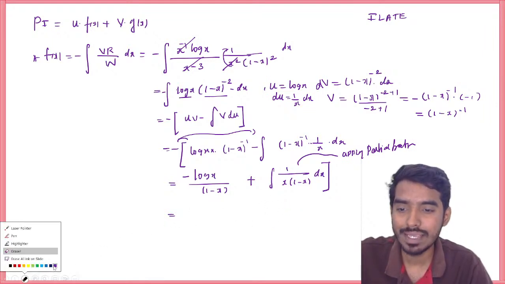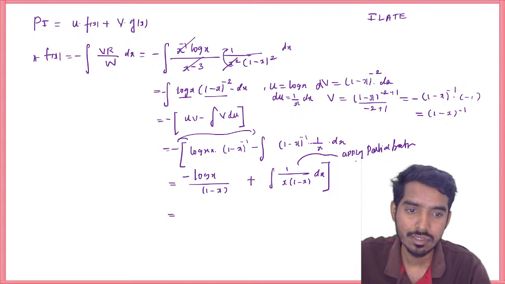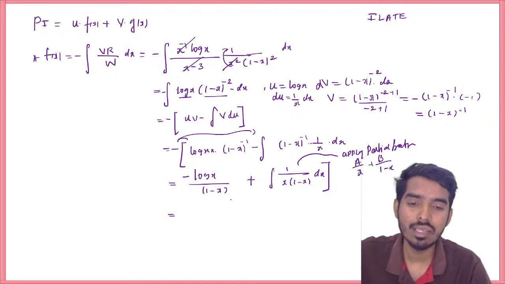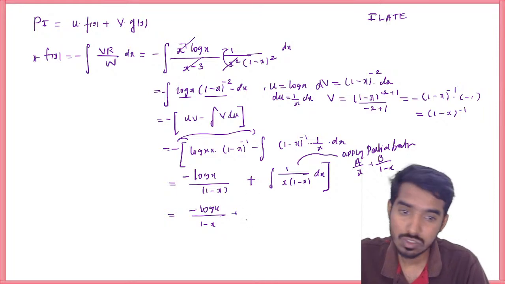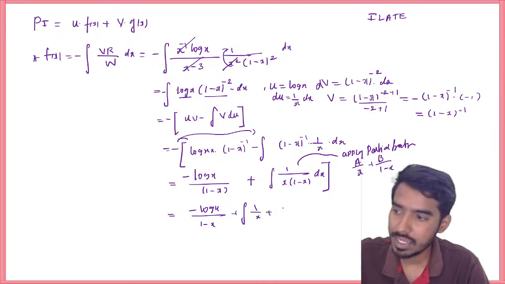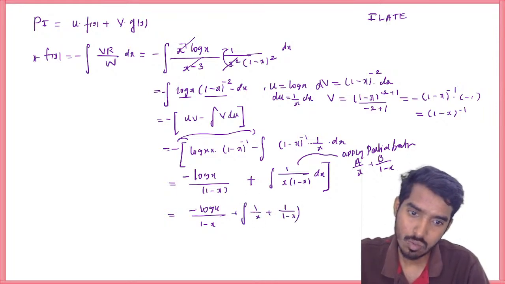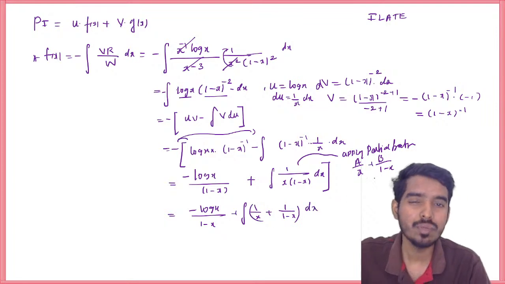Now you need to apply partial fraction here. So we will have a by x plus b by 1 minus x, right? A by x plus b by 1 minus x. Find a and b. You will get a and b to be 1. Minus log x plus we will have this term to be integration 1 by x. A and b to be equal to 1. Very simple, right?